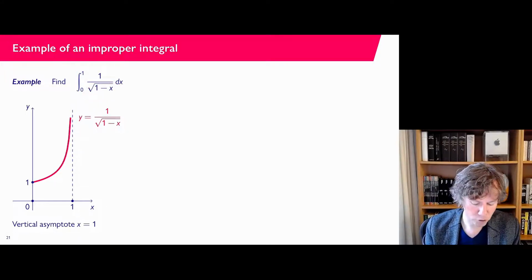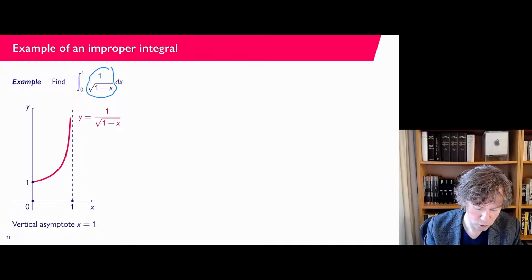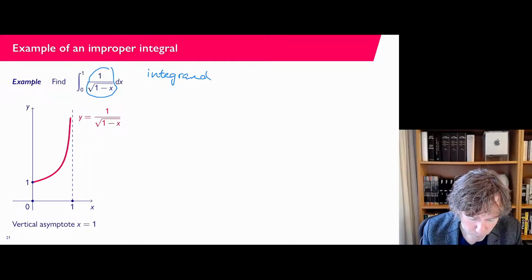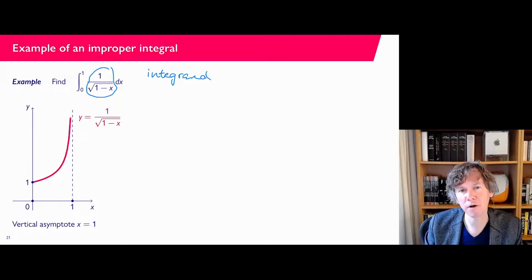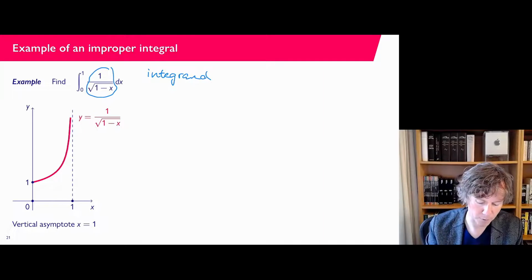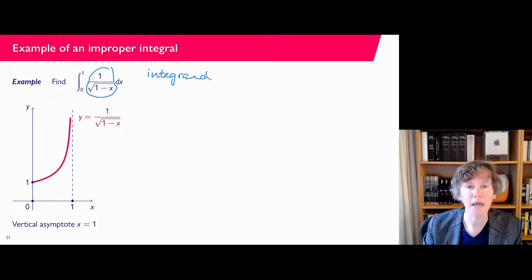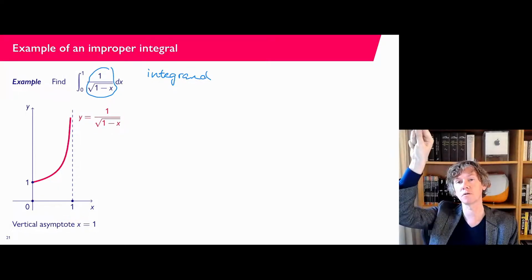So the integrand, the function that you're trying to integrate, is not defined at the right endpoint of the boundary. Here I drew the function, and you see that indeed if x goes to 1, it has a vertical asymptote. It's going to plus infinity there.